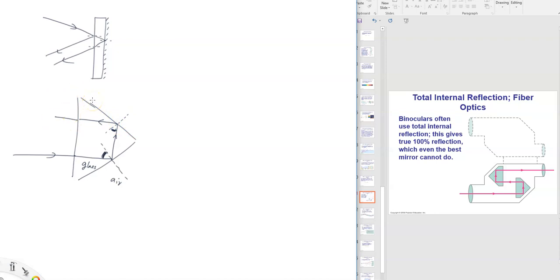Now, why do we need these kinds of things in binoculars? We can have just two lenses. We'll come to this in the next chapter. We can have two lenses and do the magnification, but there has to be some particular distance between them. These distances can be on the order of maybe a meter or so, maybe more.